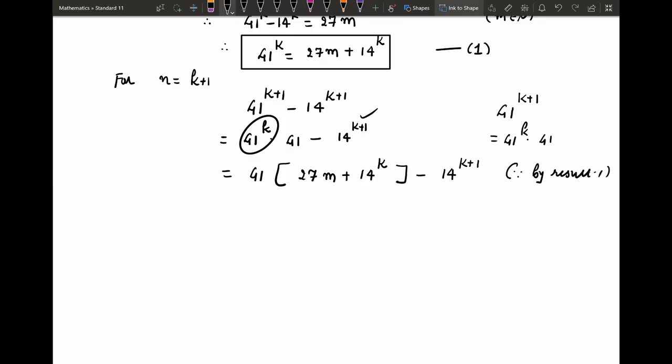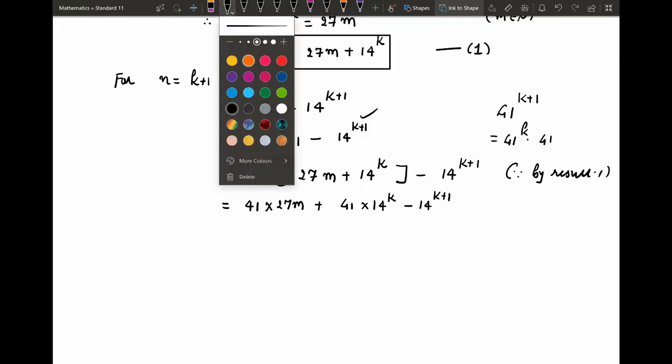So when we simplify, this is 41 into 27m plus 41 into 14 raised to k minus 14 raised to k plus 1.